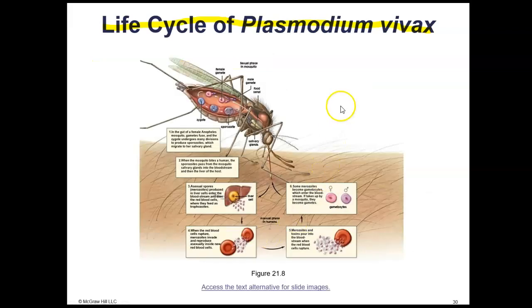And in the life cycle, I just want to point out, just because I know the quiz questions ask this, the part of their life cycle that occurs inside human red blood cells is asexual reproduction. They actually reproduce sexually in the mosquito. So sexual reproduction occurs in their mosquito host, and then the asexual phase occurs in the red blood cells.